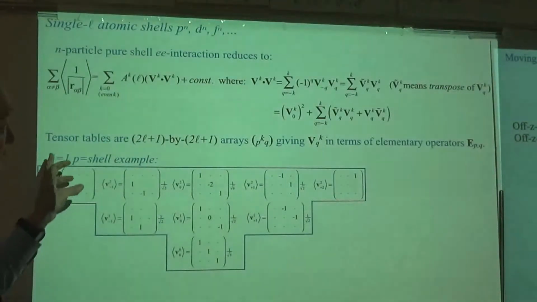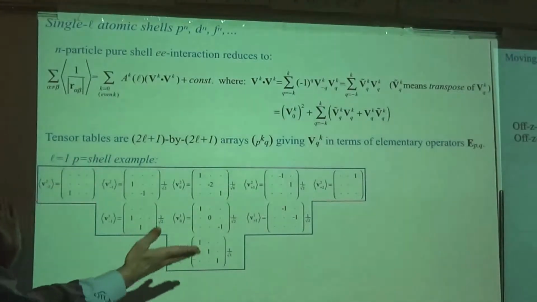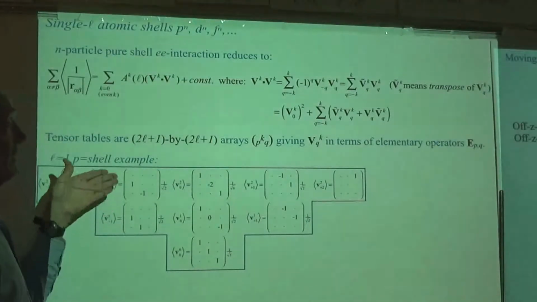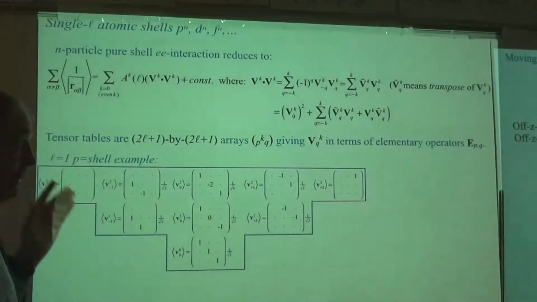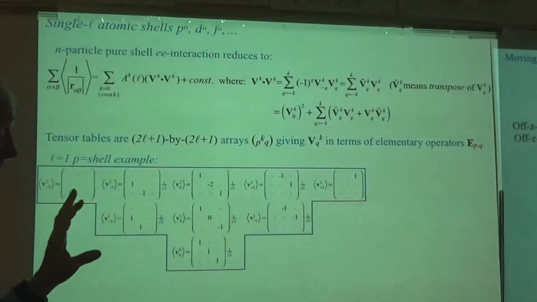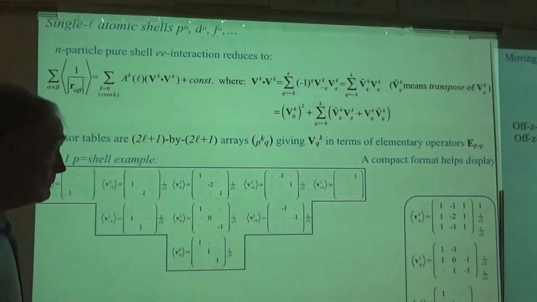So these tensor tables, of which we've already shown not just the P shell, which is this one, but also the D shell and the F shell and the G shell. I'm going to show you some more at the very end today where we mix a couple of those together. Those are what this is.